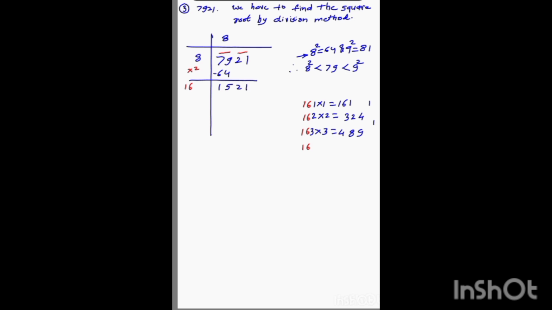Then 164 into 4 is 6, carry 1, then 24, 25, 656. Okay, then 165 into 5.